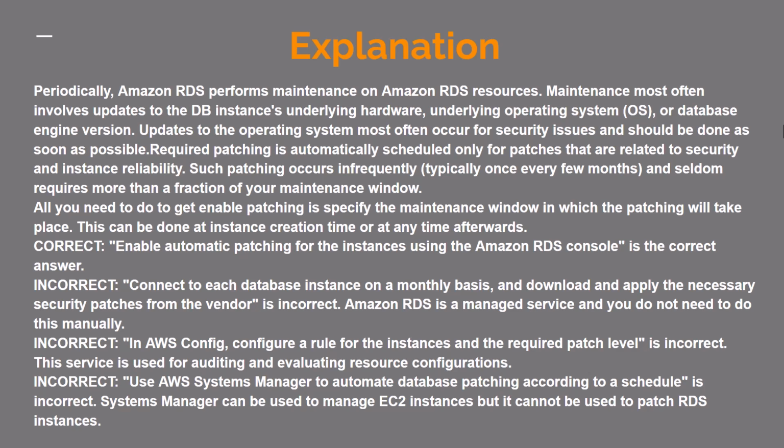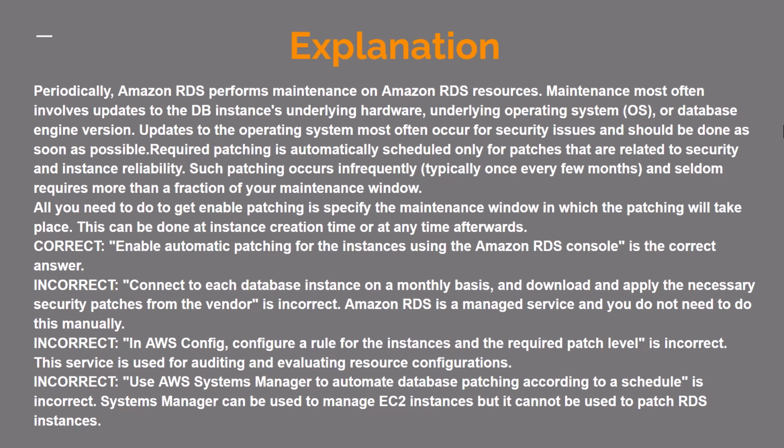Correct. Enable automatic patching for the instances using the Amazon RDS console is the correct answer. Incorrect. Connect to each database instance on a monthly basis and download and apply the necessary security patches from the vendor is incorrect. Amazon RDS is a managed service and you do not need to do this manually. Incorrect.